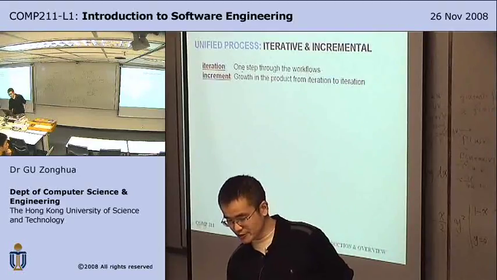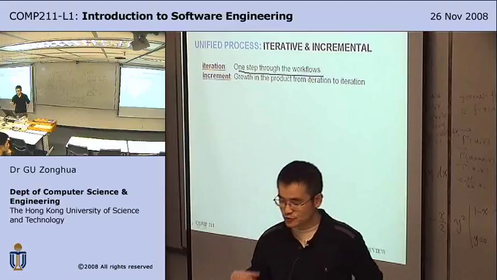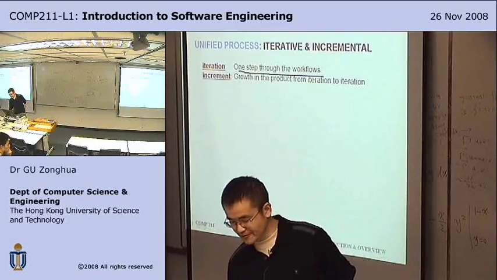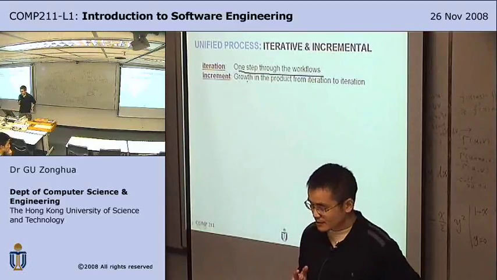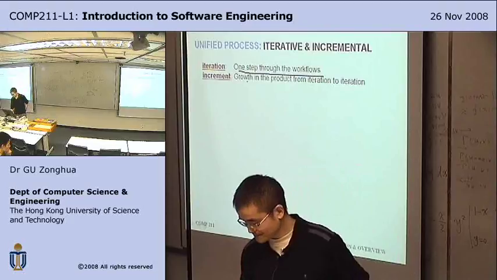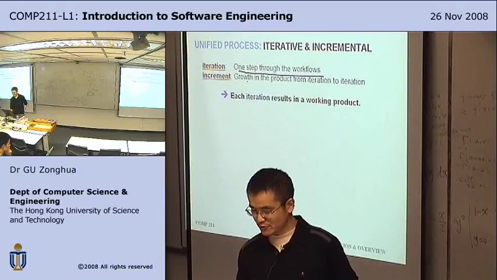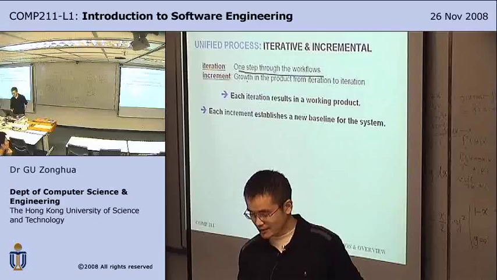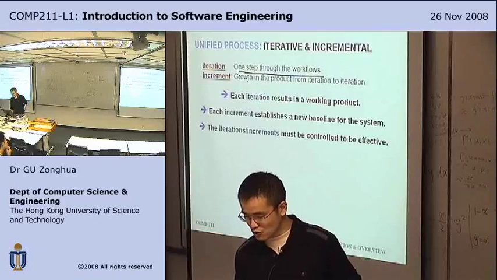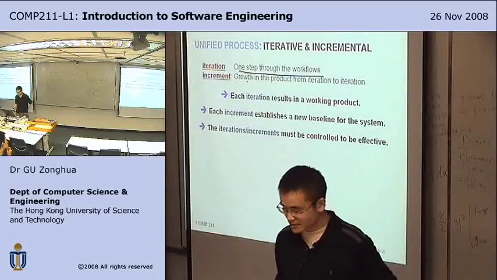Iteration. One iteration is one step through the workflows from top to down. Increment is from iteration to iteration, from left to right. Each iteration results in a working product. Each increment establishes a baseline.